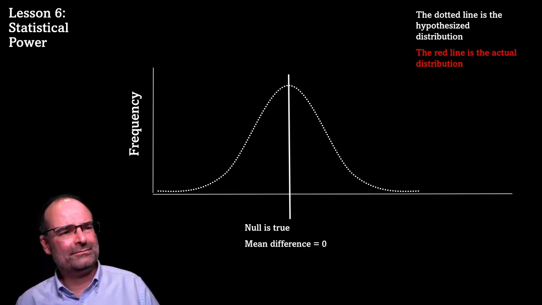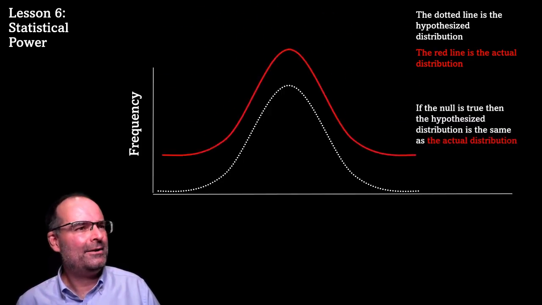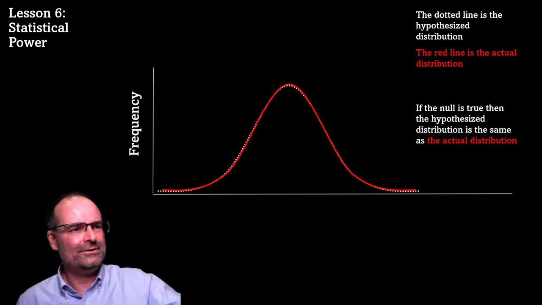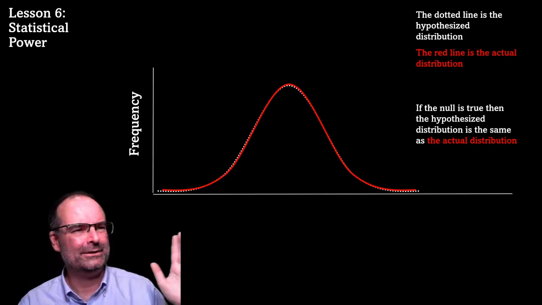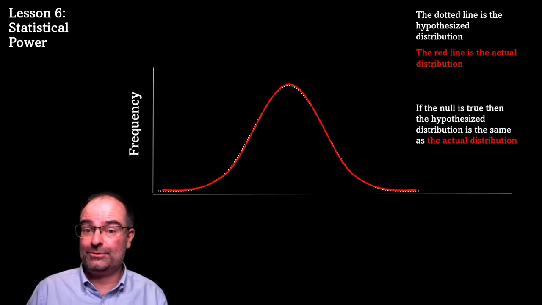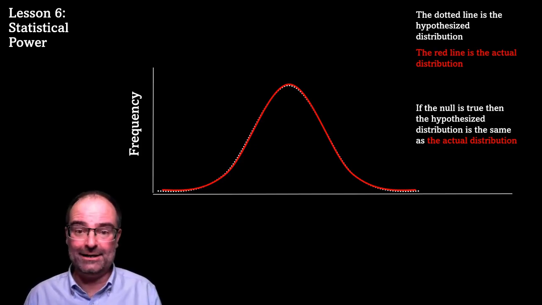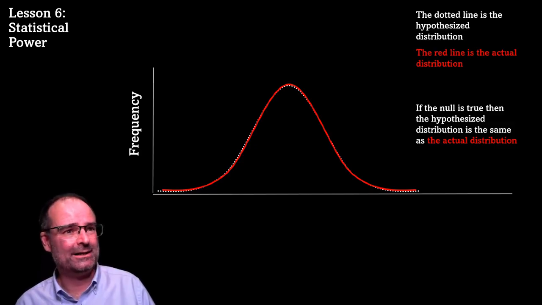When the null is actually true, these two things are on top of each other. And I hopefully didn't draw it perfectly, so you can see one's on top of the other. It's not completely covering it. That's what I wanted. When the null is true, the hypothesized null distribution is exactly the same as the actual distribution. That's what it looks like.